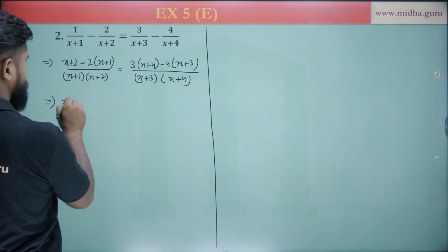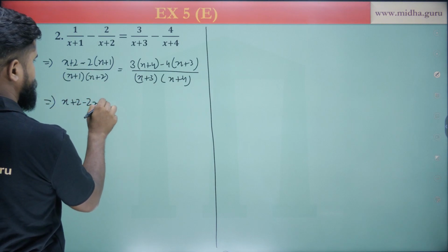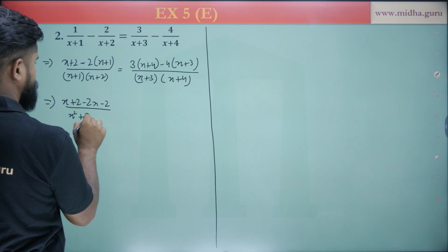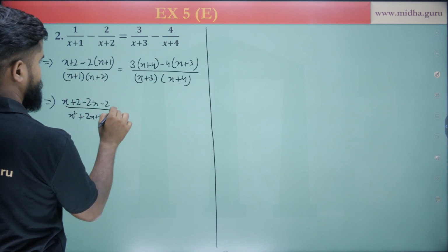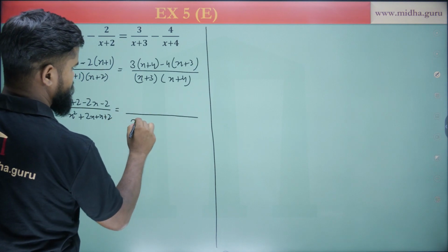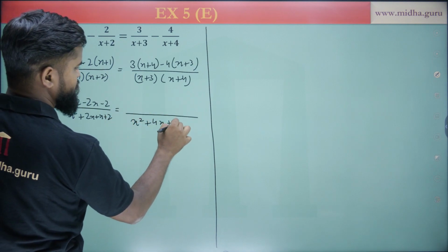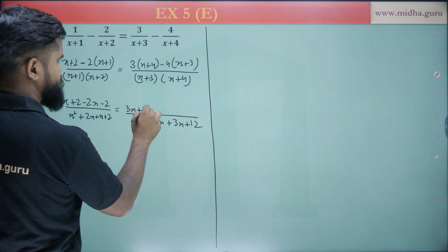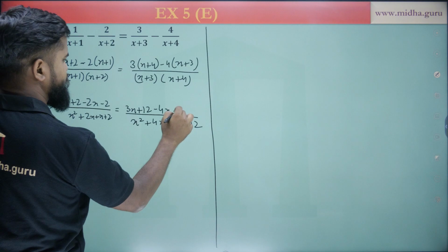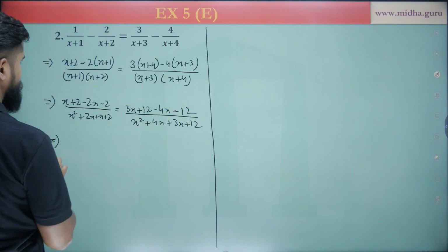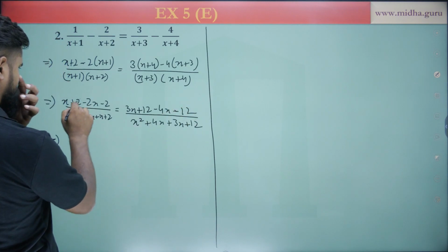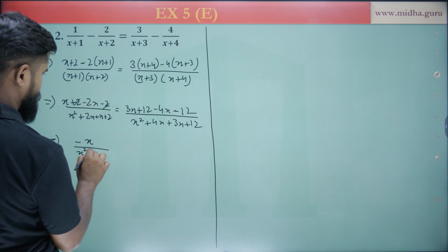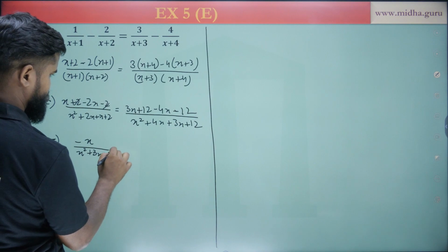So here we get x plus 2 minus 2x minus 2 by x squared plus 2x plus x plus 2, and here we get x squared plus 4x plus 3x plus 12, and up here we get 3x plus 12 minus 4x minus 12. 2 and 2 get cancelled and we get minus x by x squared plus 3x plus 2.